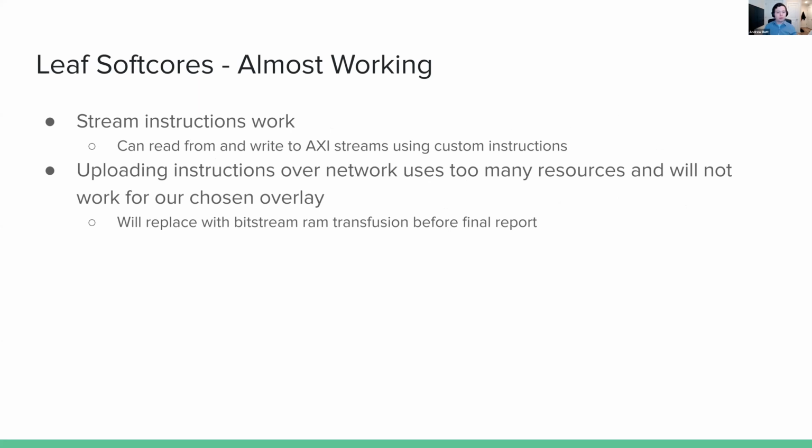Our problem is we were trying to upload the actual instructions that would be stored on that leaf soft core over the network, but that uses way too many resources for our requirements. And so we're going to replace that system with some other work that will be done in the future. So that's the end of that.